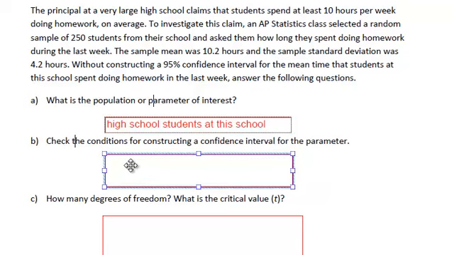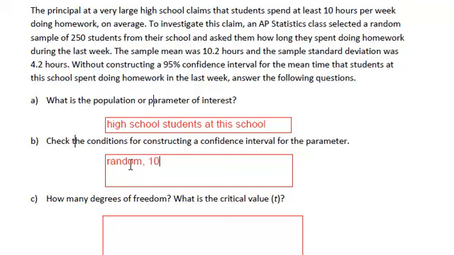Checking the conditions. Same as what we had done before, making sure that it's random. Does it say somewhere that they pick people randomly? Yes. Also, now for this, we don't have this np is greater than or equal to 10, because we don't have a p in this problem. There's no proportion.